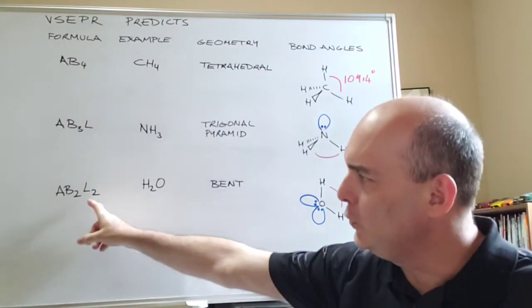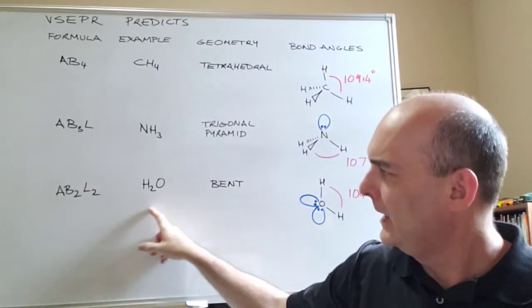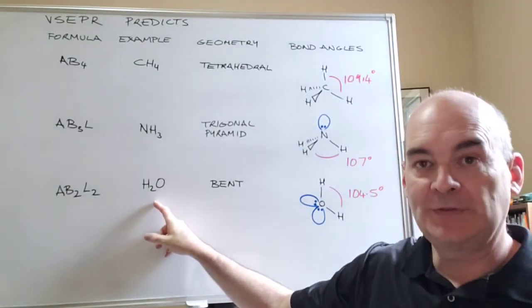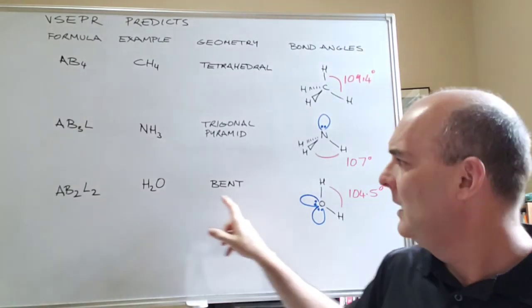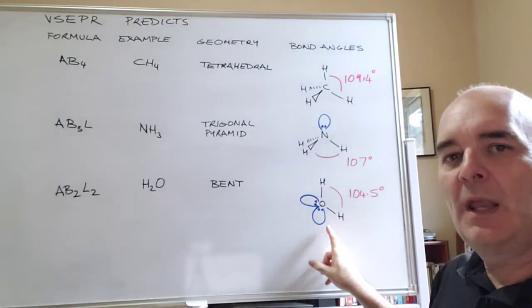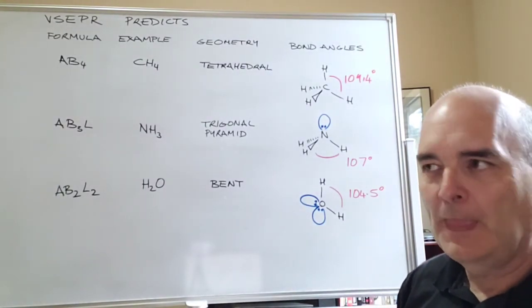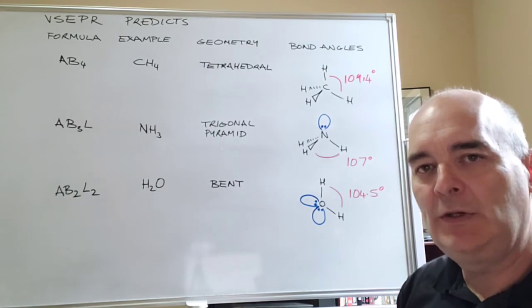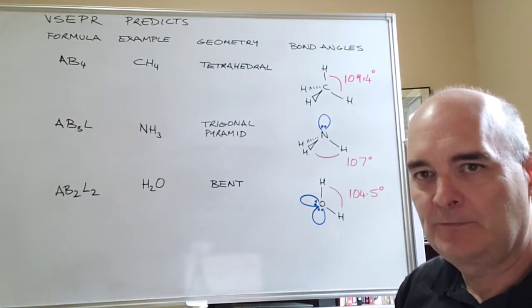If I put two lone pairs of electrons into my formula, again, by moving one position to the right on the periodic table, I make water. And this is where we realize that with a three-dimensional model, there's absolutely no way that water could be linear.